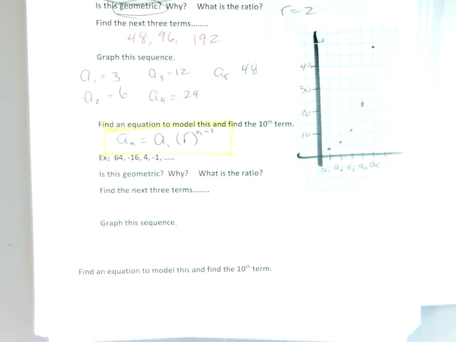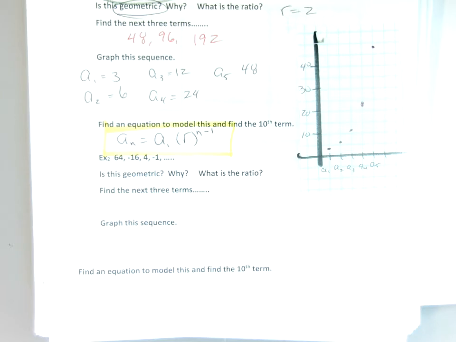Because there's no 1.5 term, is there? There's no 2.5 term. There's either a term or not a term. Half a term? What's half a term? Doesn't make any sense, right? So when you do these sequences, it's just this number, this number, this number, this number. Don't connect the dots and don't make a 0 term. And so that's why it has an n minus 1, because there's no 0 term.